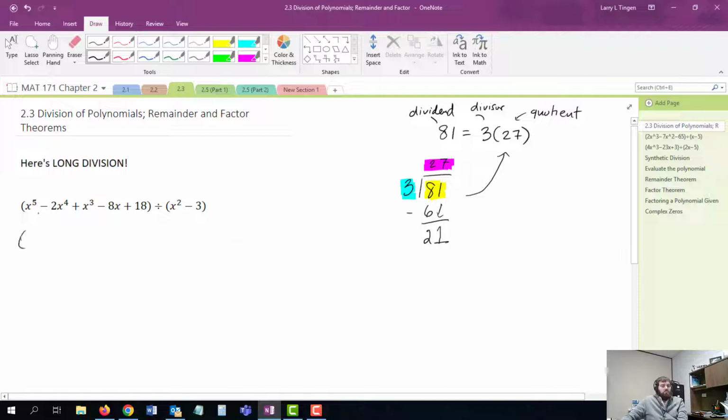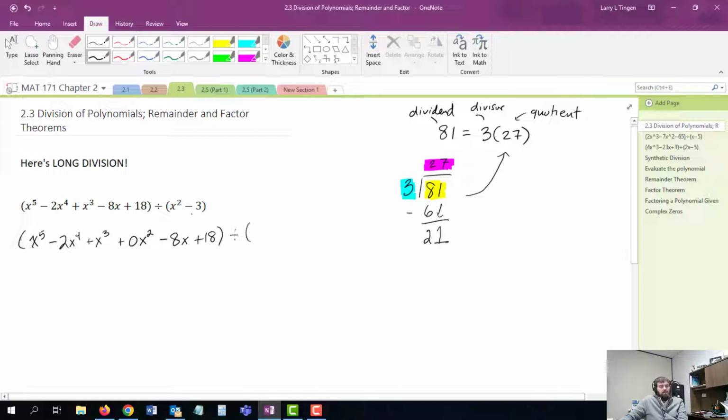So my dividend has an x to the 5th, an x to the 4th term, an x cubed term. It does not have an x squared term, so I'm going to add plus 0x squared in. It has an x term, and it has a constant term.